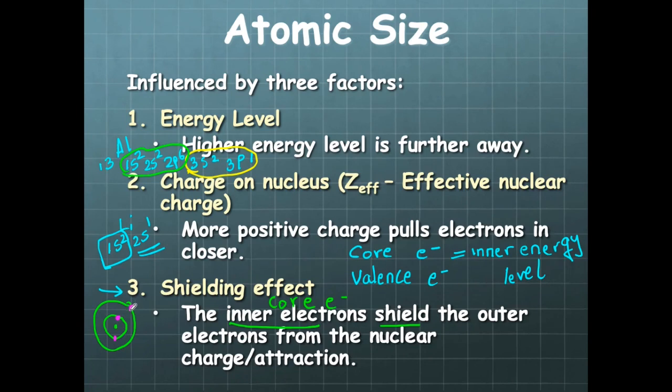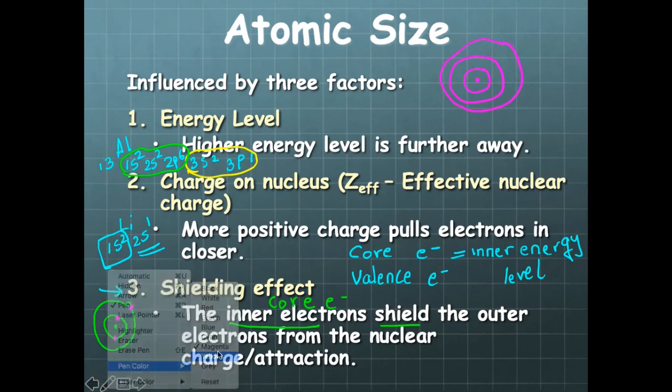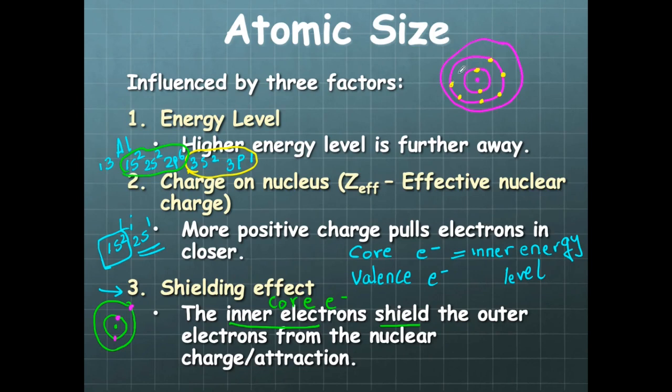on its valence electrons. Okay, so let's take aluminum as our example, and we are going to draw the Bohr model for aluminum. That's the first energy level, second energy level, and then the third energy level. I'm going to put the electrons now. There are two electrons here, and 1, 2, 3, 4, 5, 6, 7, and 8. And in the third energy level, we have 1, 2, and only 3 electrons.